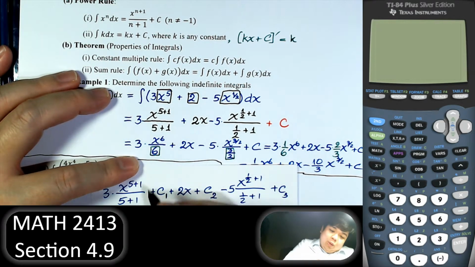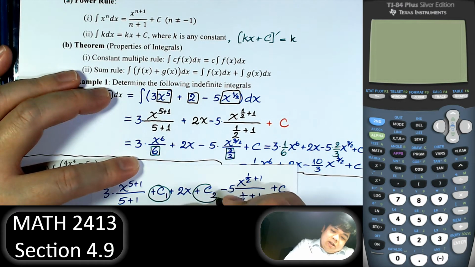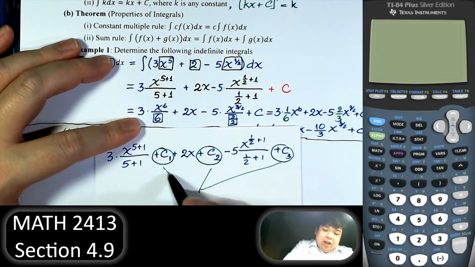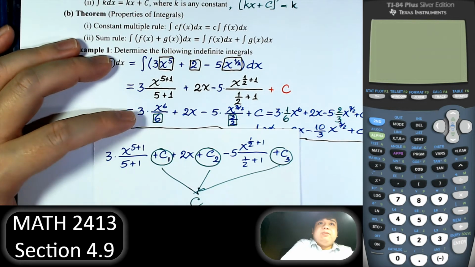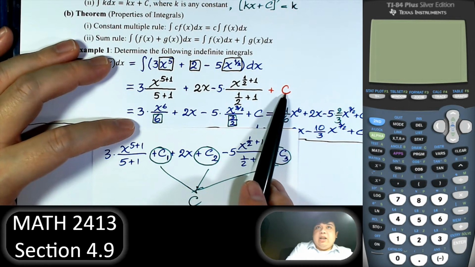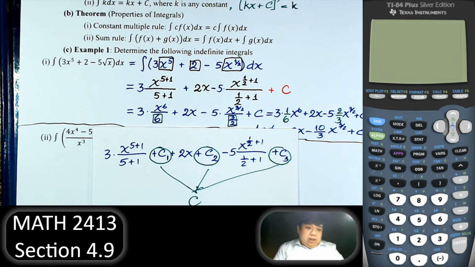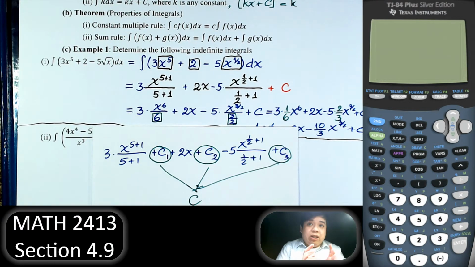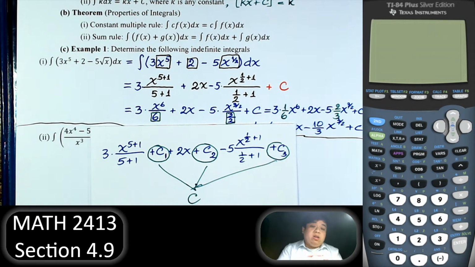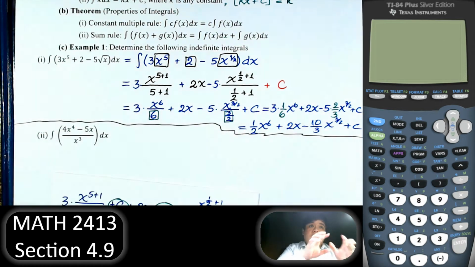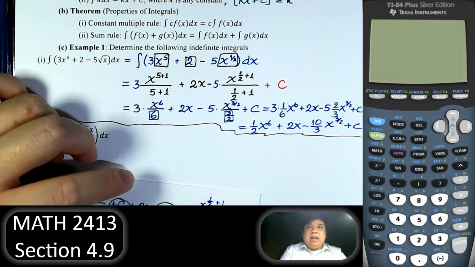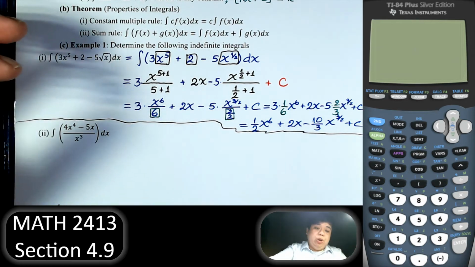Now we have a constant plus a constant plus another constant. We can add all of them together to equal just a constant. So combining all the constants together is a constant. So when we find the indefinite integrals, we can just combine all the constants into one. So that's why we apply the rules to all of the terms and have one constant at the end. That will be enough. And that's what we do.